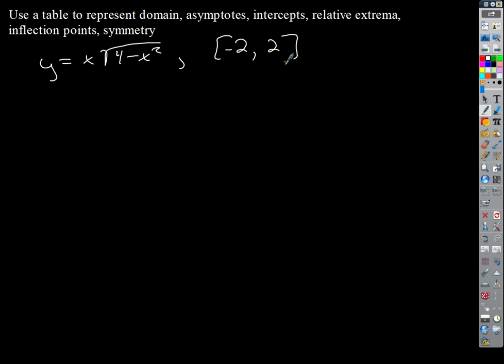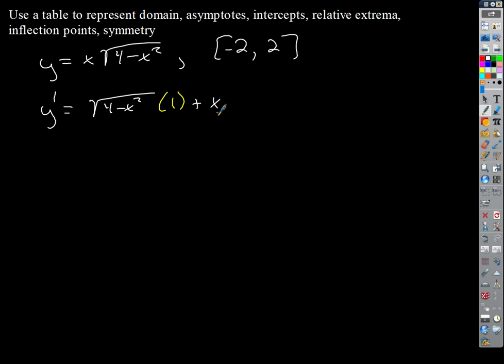So we got the domain, now we need to find a bunch of calculus stuff, so what are we going to do? Take derivatives, right? So first derivative, that's just a 1/2 power, so we got a product rule thing here. Let's do the square root of 4 minus x squared times the derivative of x, which is 1, plus x times the derivative of the square root of 4 minus x squared.